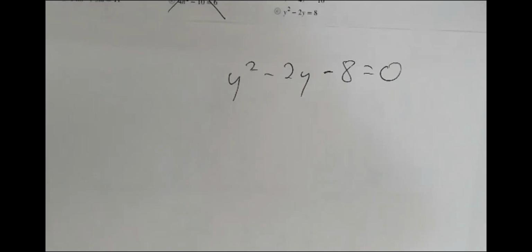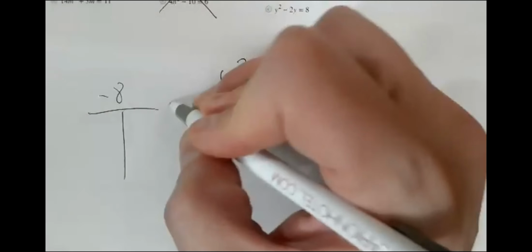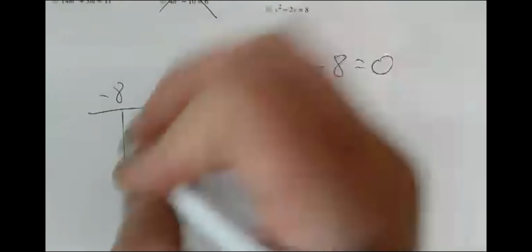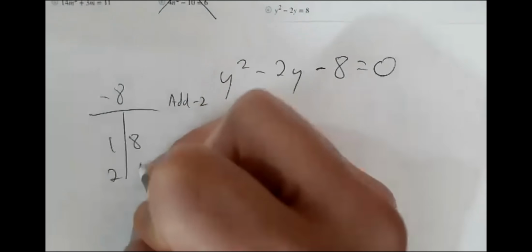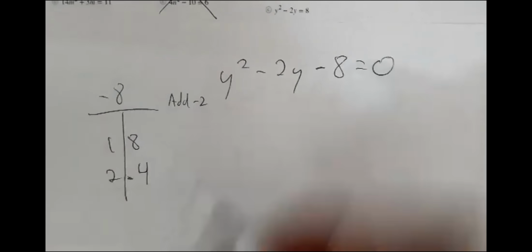Then I'm going to look at this thing and try the AC method. I'm looking at a minus 8, and it has to add to minus 2. So 1 and 8, 2 and 4 are my two options here. Are we going to get them to add to minus 2? -4 and 2.